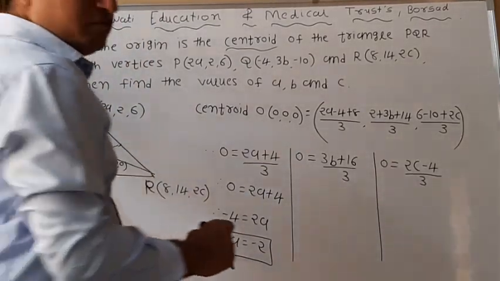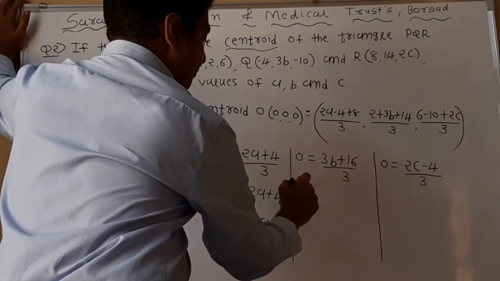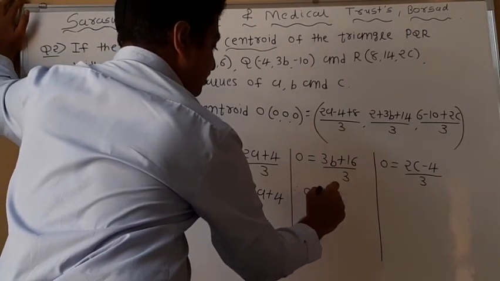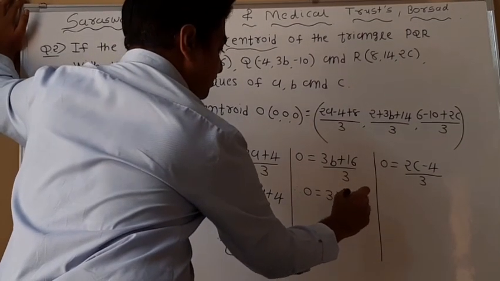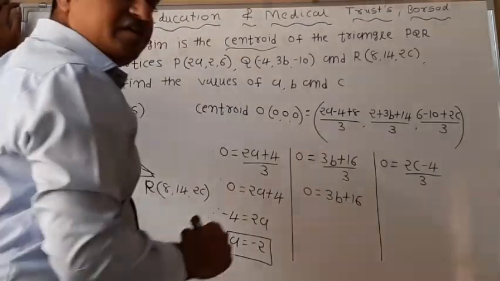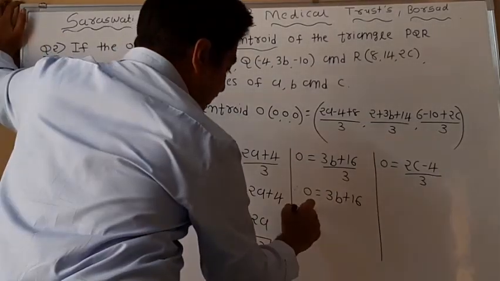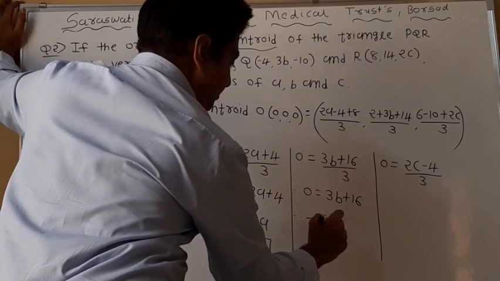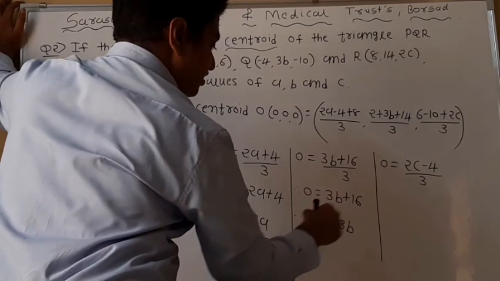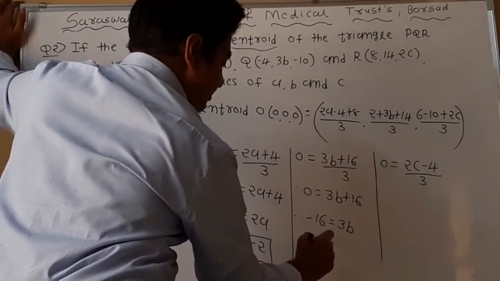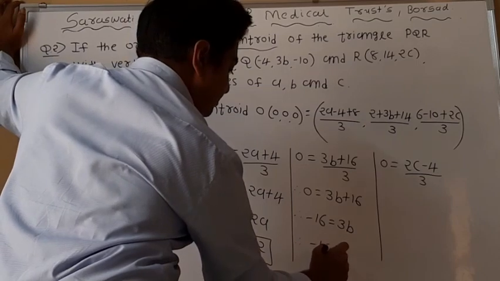Now in the second term, 3 multiplied by 0, so 0 is equal to 3b + 16. Writing 16 on the opposite side, minus 16 is equal to 3b. Now dividing, b is equal to minus 16 by 3.